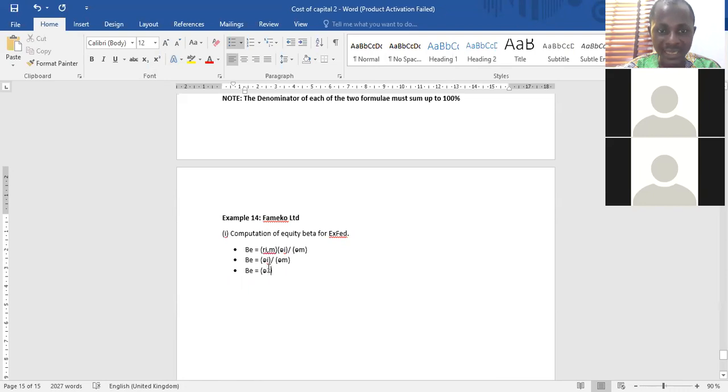The square of standard deviation is variance. When you square standard deviation, you get variance. So this one I've written here represents variance. Variance of the investment all over variance of the market. So where I have I, I'll just change it to M.